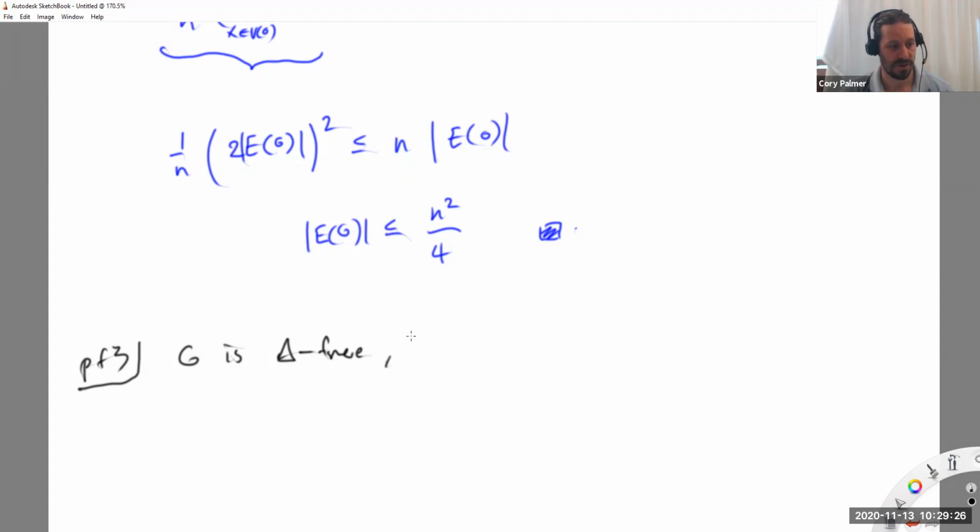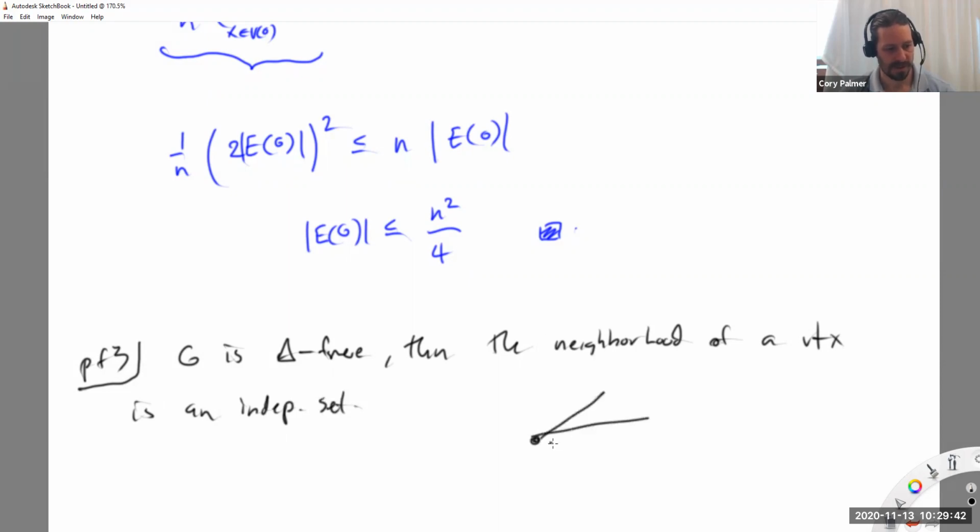If G is triangle free, then the neighborhood of a vertex is an independent set. Take a vertex; its neighborhood is all the vertices that are adjacent to it.